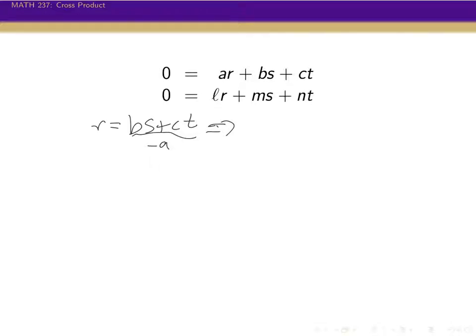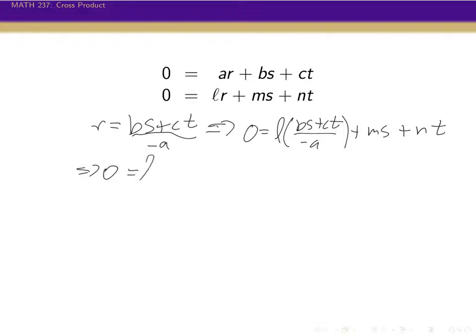So we have 0 is equal to L times (bs plus ct) all over minus a, plus ms plus nt. The easiest thing to do here would be to multiply everything by minus a, say. So let's do that. So 0 times a is going to be 0.